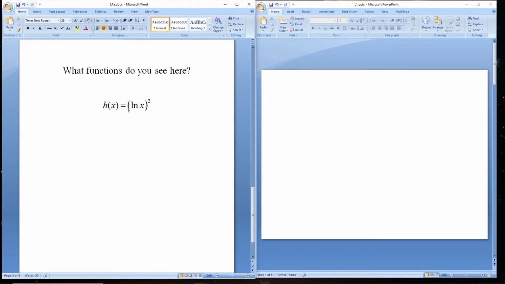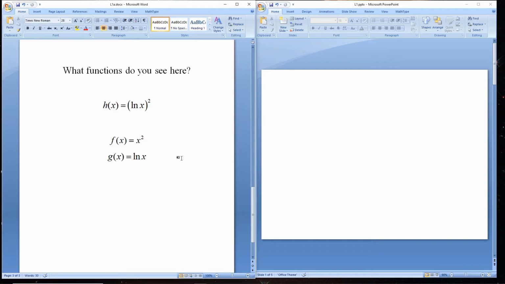And this parentheses means something squared. So the first thing, the outer function here that I like to call, is a power function. The parentheses squared means a power function. And then what's inside that power function is the log function.